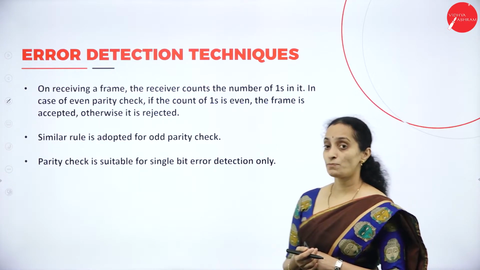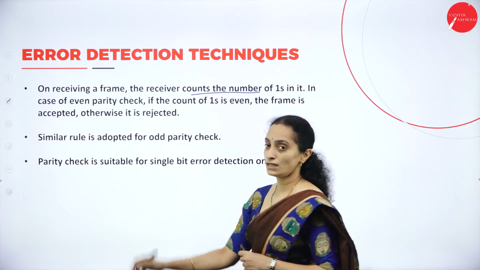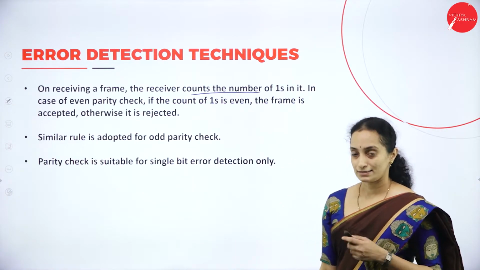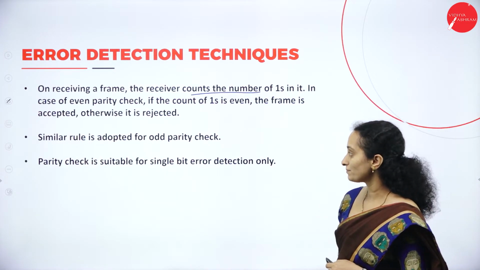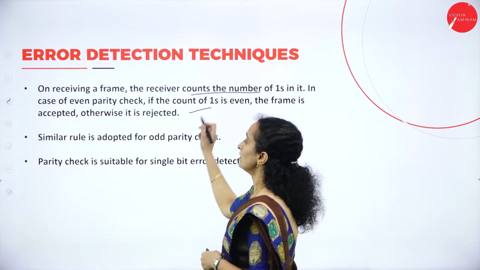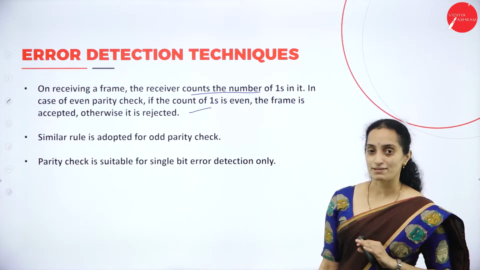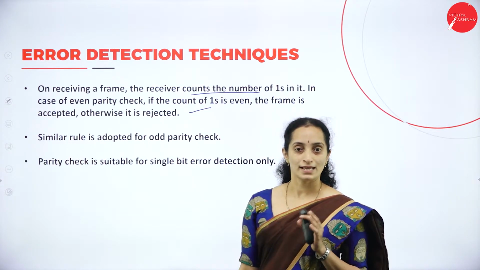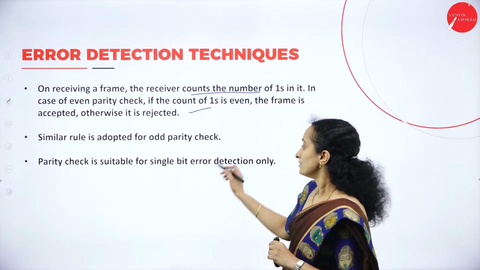Alright. Upon receiving the frame, the receiver counts the number of ones, and if there is a change in the total number of ones in a frame, the packet will be rejected or the entire data will be rejected, and the source has to resend the data. Okay.